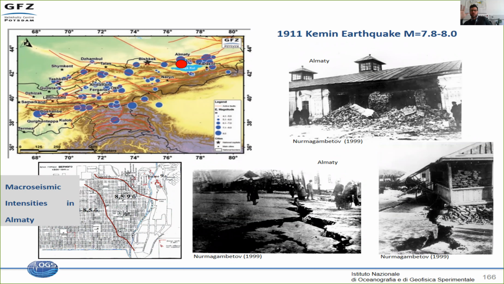You see it here, you see this ground, and there is a man here, just to show you how strong it was. This was a devastating effect of ground failure, at least 40 kilometers from the fault, with large ground failure and liquefaction all over the town.